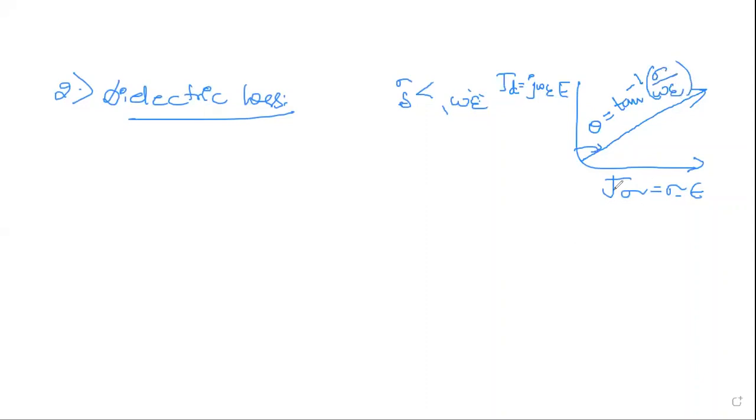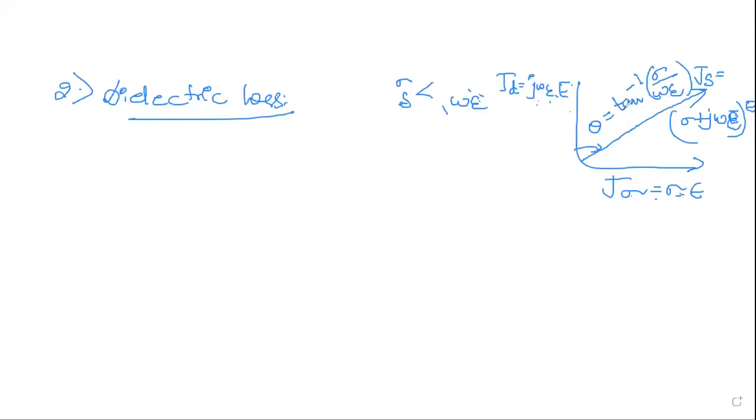Let us write this particular equation in terms of J sigma, which is sigma into E, and JD, which is J omega epsilon into E. These two equations represent the conductivity or loss tangent function. This is nothing but Js, which is equal to sigma plus J omega epsilon into E. Don't get confused, this is not needed.